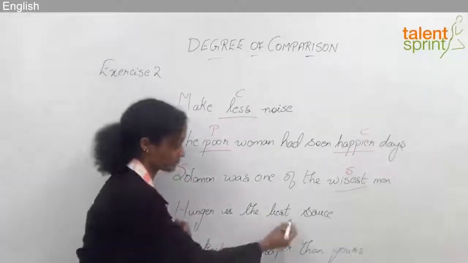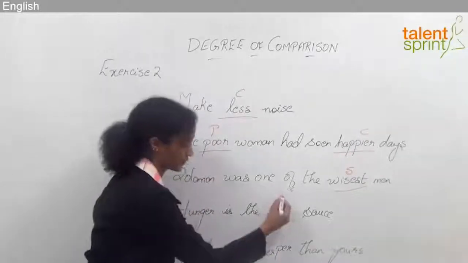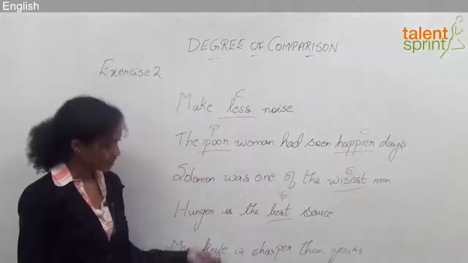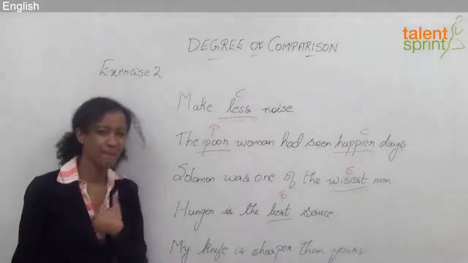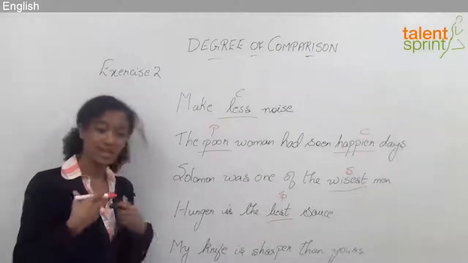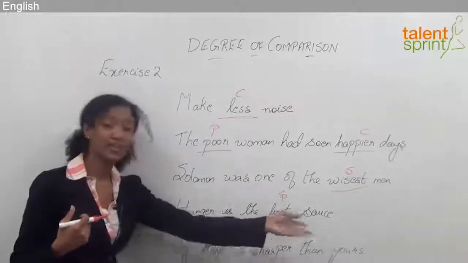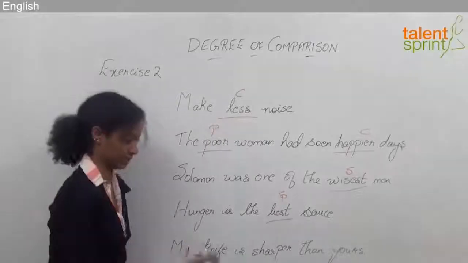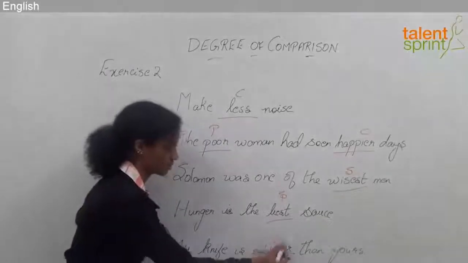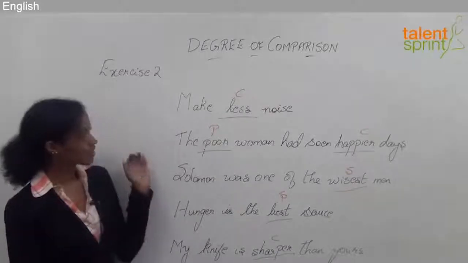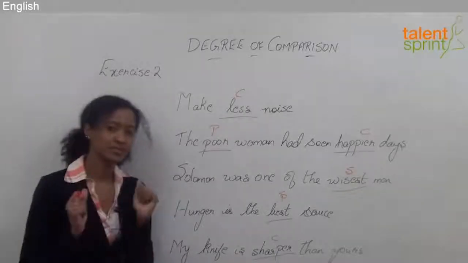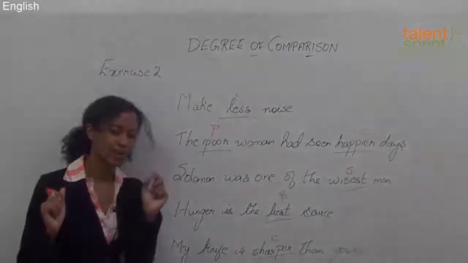All of that is superlative. My knife is sharper than yours. This is an easy one. We're comparing my knife and your knife. I'm saying my knife is sharper than yours. There's ER. It's a comparative degree, right? Okay, great. So we know how to identify positive, comparative and superlative, keeping in mind the tips.